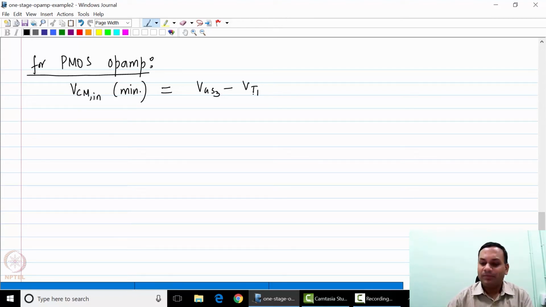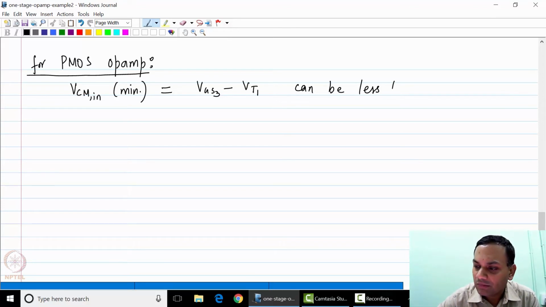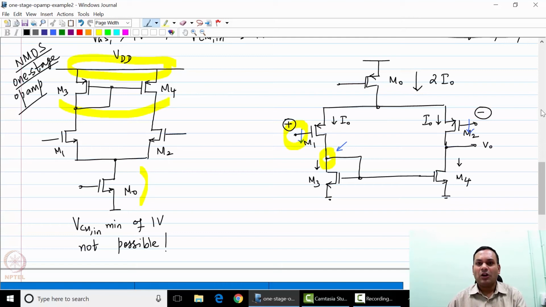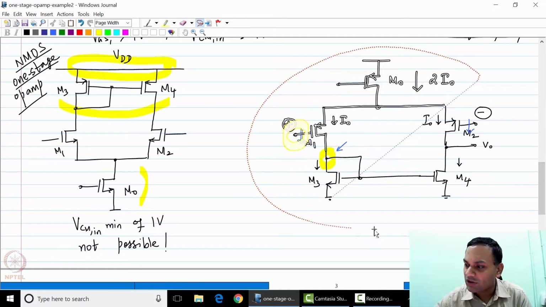Now clearly this can be less than 1 volt if required by choosing VGS3 appropriately. Now it is clear that the PMOS op-amp is the circuit that we need to use in this case. So now let us continue with the PMOS version of the circuit.